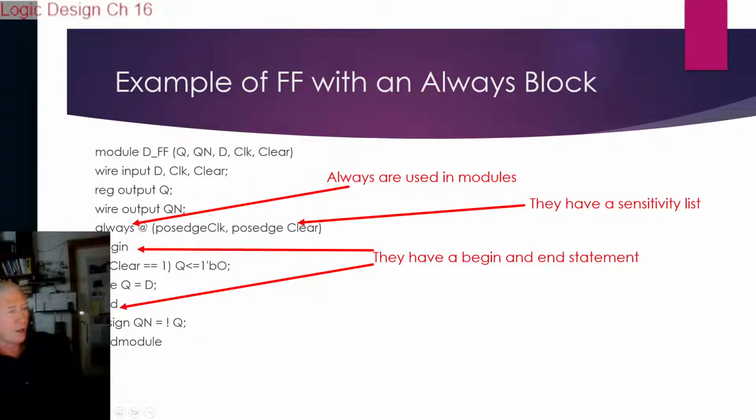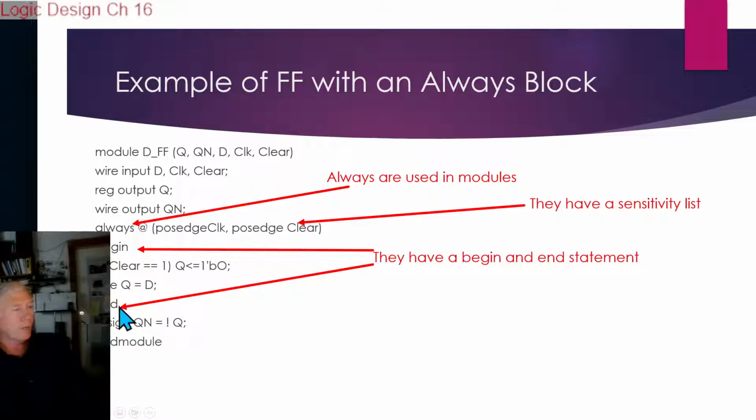Our if statement didn't have begin and end. If we had more than one line, we would have to have used begin and end in this as well. Basically, in Verilog, we substitute begin and end for the curly brackets. That's kind of the best way to think of it. We do not use curly brackets in Verilog except for the concatenation operator.